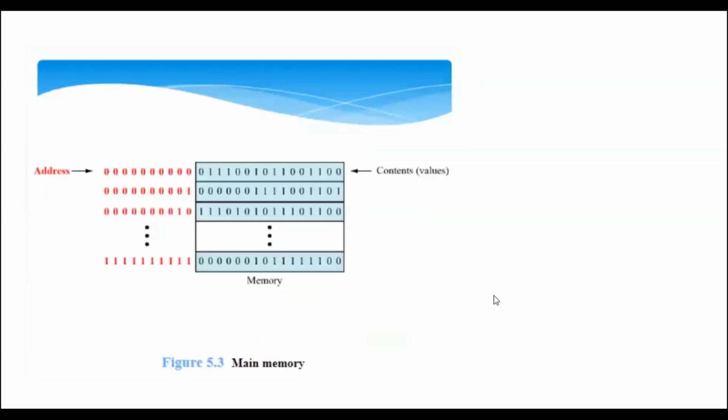The figure shows an example of a main memory. It is a digital computer's main memory, which consists of many memory locations. Each memory location has a physical address, which is a code. A memory address consists of zeros and ones.